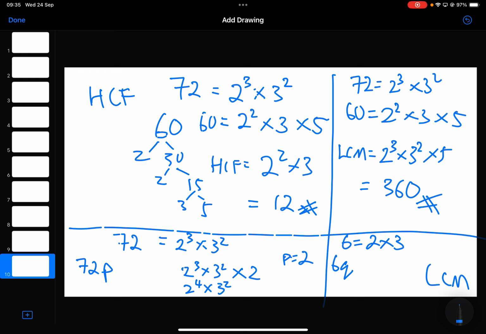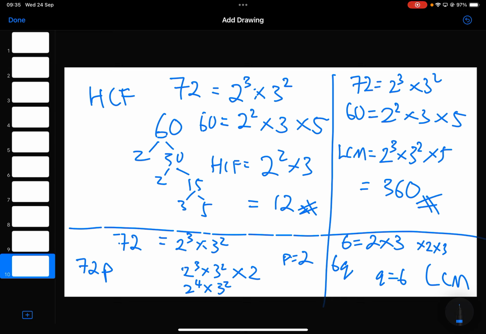Looking at here, I need to multiply a 2, then it can become 2 squared. Then I also need to multiply a 3 so that it can become 3 squared. So altogether, I need to multiply 2 and 3. That's why my Q is 2 times 3 equals 6.